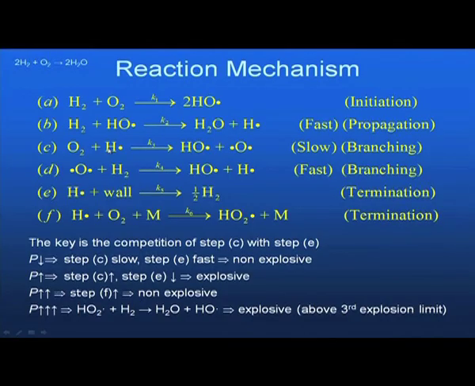So, the average distance between these molecules is more. Therefore, the probability of this collision, so this process, will be less. So, it becomes slow, but this will be fast, because these molecules will get a chance to collide with the walls. So, termination will win. So, it will be a non-explosion situation.